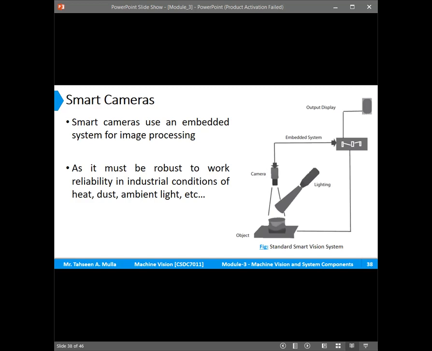depending on the ambient light. Even if the lighting is low or there is too much exposure, the automatic adjustments can be done via that embedded system, where different applications are there to increase or decrease the exposure of light so that you can get the actual image.